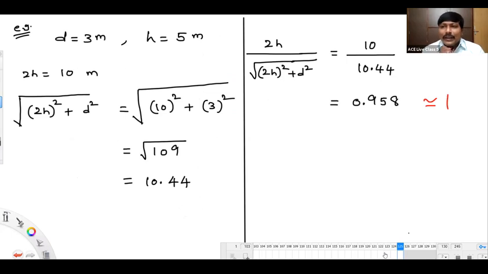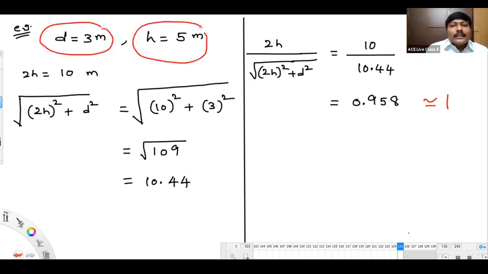So the conclusion we have to make from this is simply that we should not compare the values of D and H directly. Whether to neglect the earth effect or consider it, we should not compare D and H directly. If you compare these two, you can't say whether the earth effect can be neglected or not. Only whenever this ratio is coming very close to 1 can the earth effect be neglected.